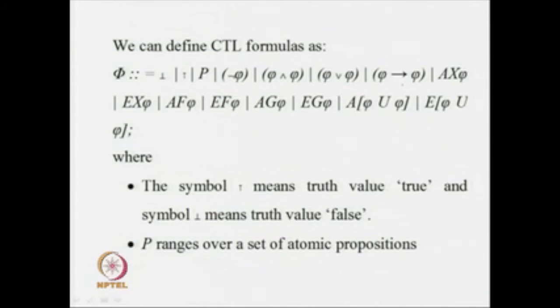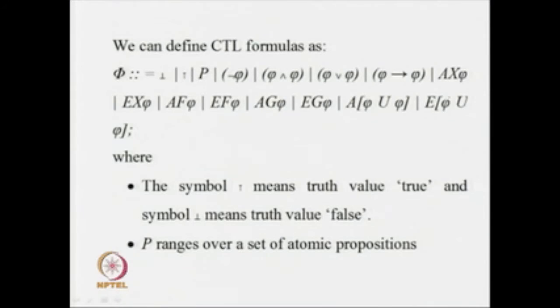And we have already seen that with logical connectives like AND or implication, we can again form a CTL formula, provided phi is a CTL formula. On the other hand, we have 4 temporal operators: next state, future state, globally and until.